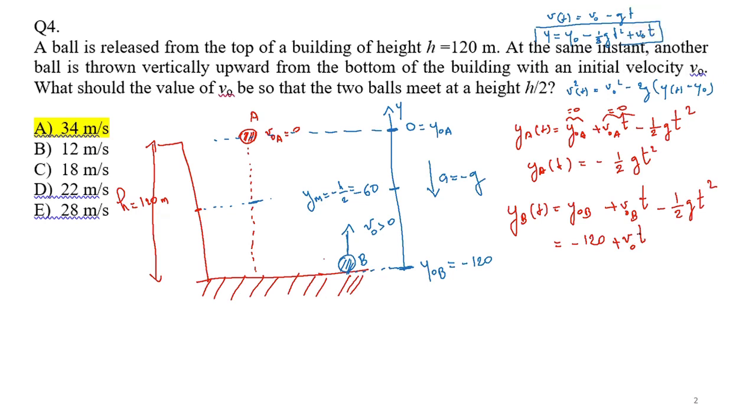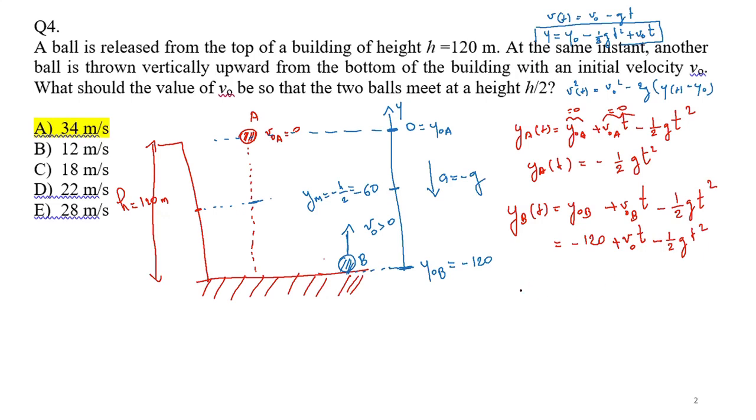The time is the same, because here I said at the same time. Actually, the time is the same for both balls. Sometimes I can play with that. I can tell you that I release this ball, and 1 second later, I throw the second ball. So the difference of time will be t minus 1. But here at the same time, I throw them, so that means the time is the same.